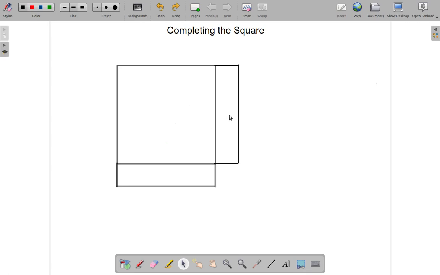Now, this shape, all of this, is my incomplete square. So here, I want this to be thicker. Here, all of this height and this width is the same as this width.